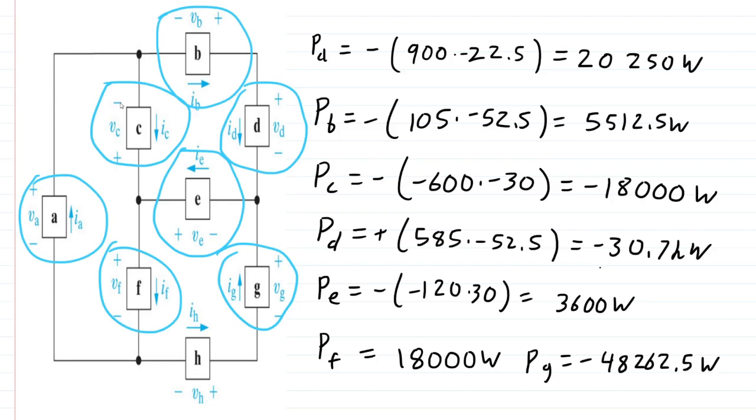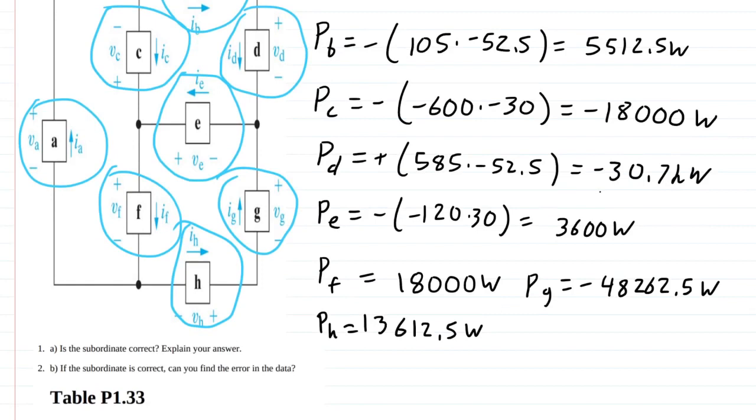And power H, flowing minus to plus once again. So we're going to have a negative in front. Negatives are going to cancel, and I ended up with 13,612.5 watts.